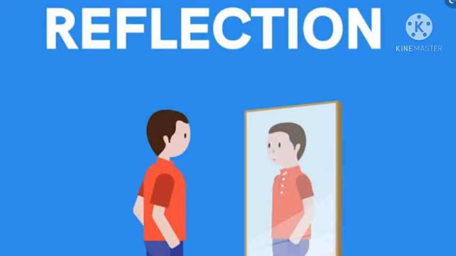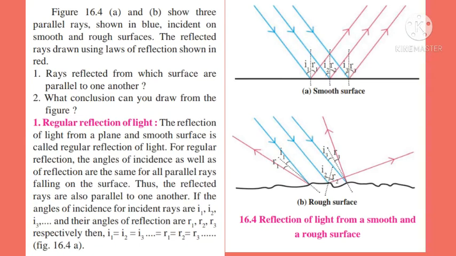Try this. See figure 16.4a and b. They show three parallel rays, shown in blue color, incident on smooth and rough surfaces. The reflected rays, drawn using the laws of reflection, are shown in red color.